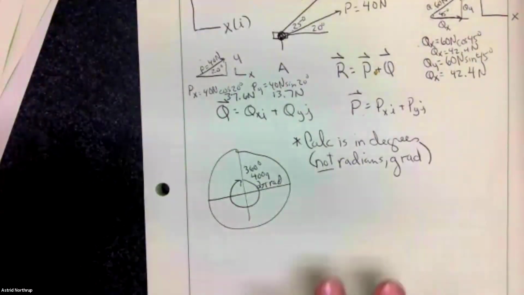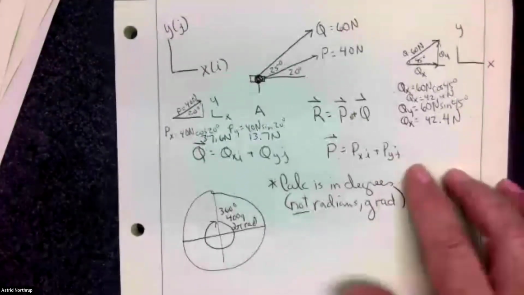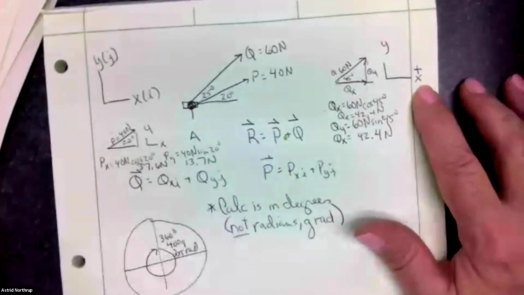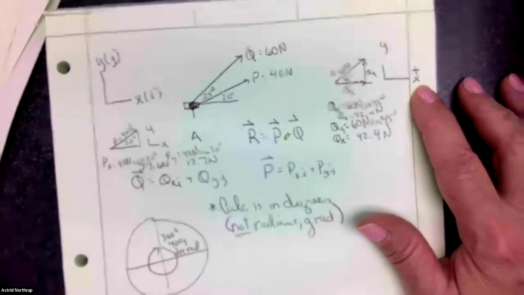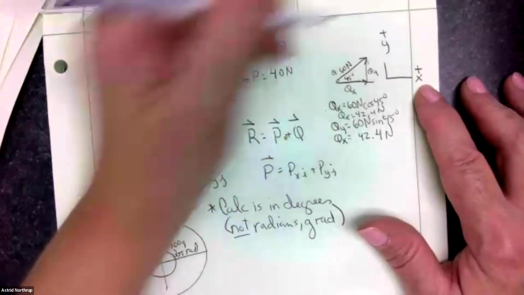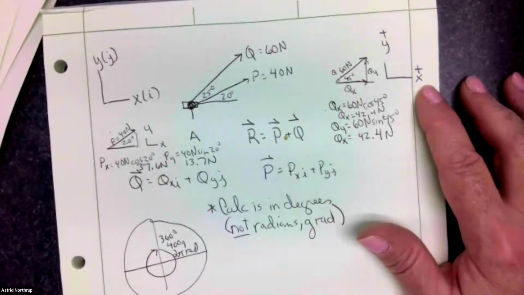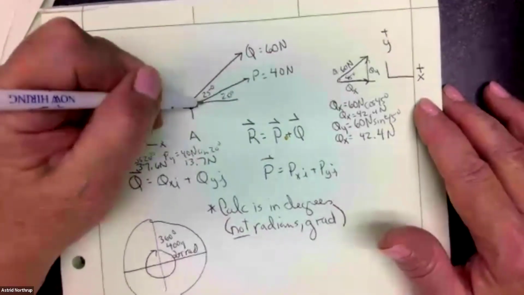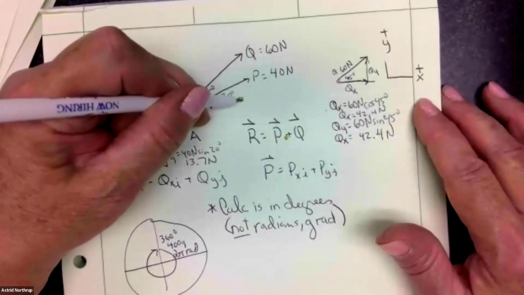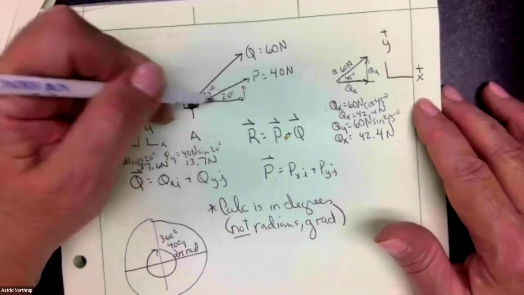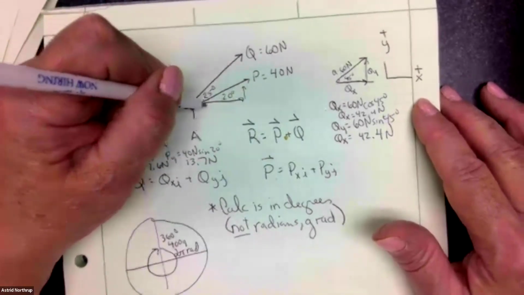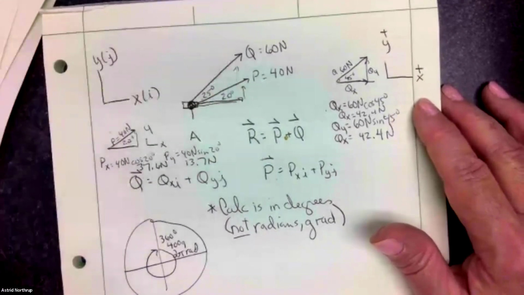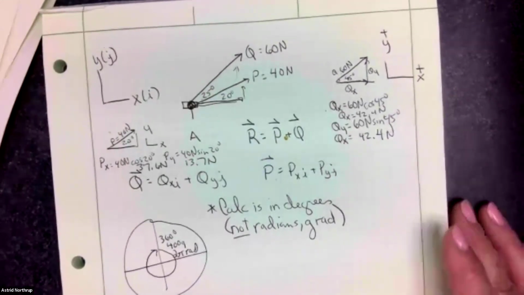Okay. Now, before I add those, there's a couple of other things that I want to point out. X is generally taken as positive to the right. Y is generally taken as positive going up. So if I look at both of these vectors, P goes over to the right and up, so it's positive and positive. Q goes over to the right and up, so it's also positive and positive.